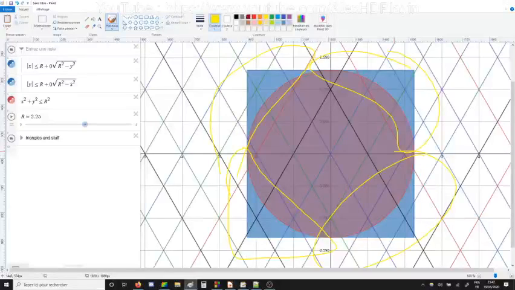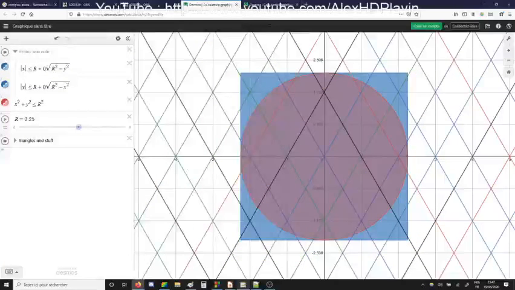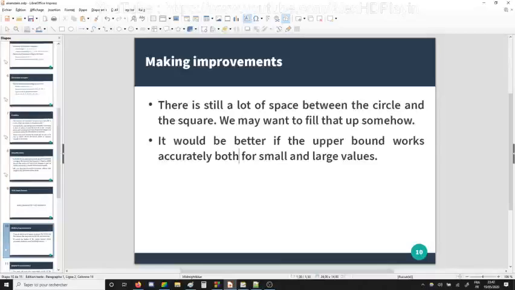It will be better if the upper bound you get works both for small and large values.